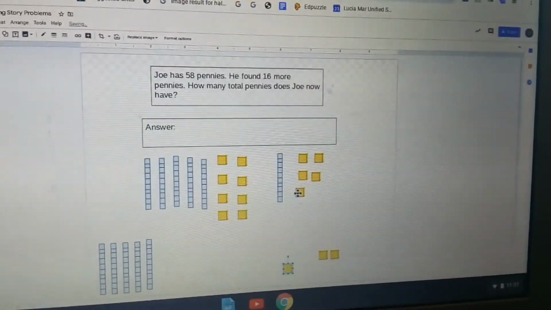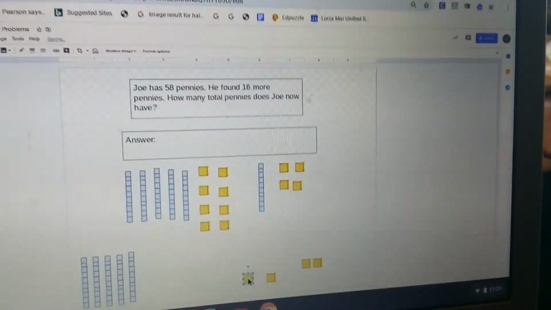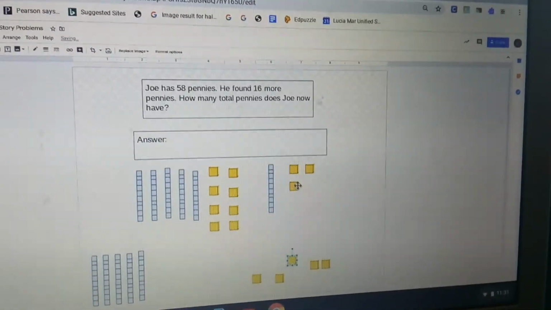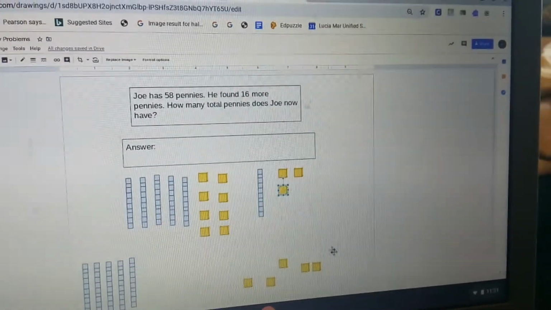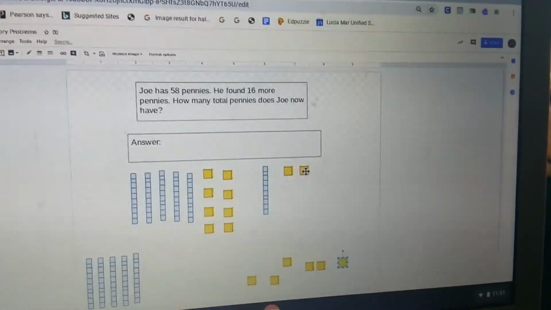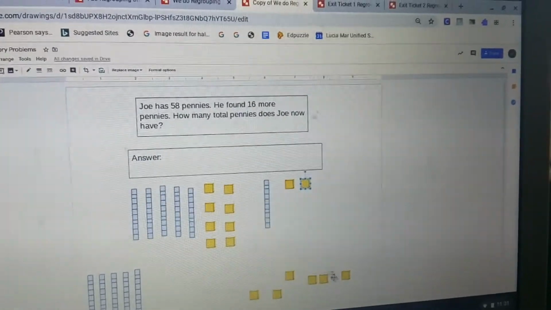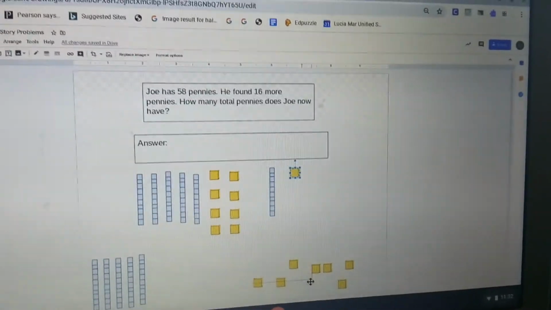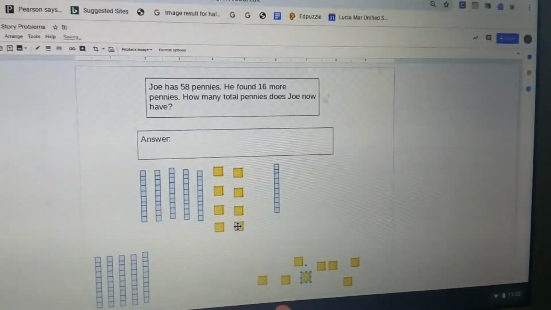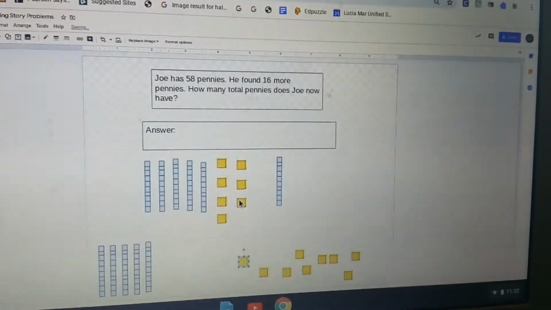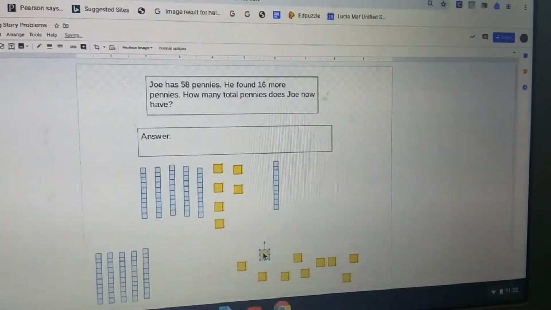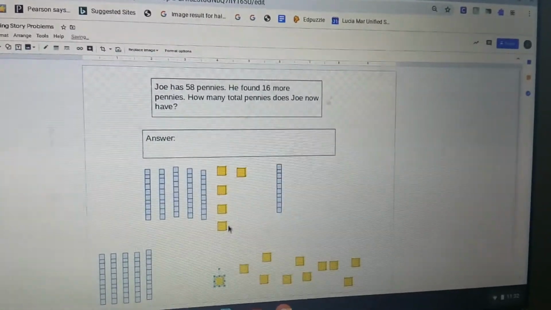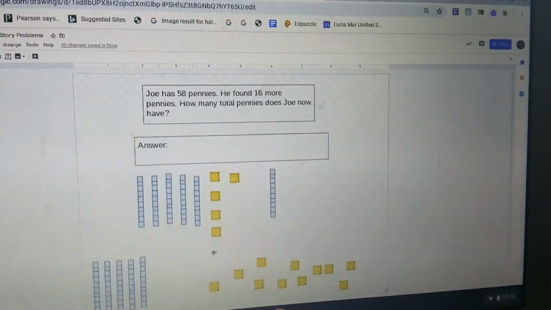1, 2, 3, 4, 5, halfway there, 6, 7, 8, 9, and the last one, 10.